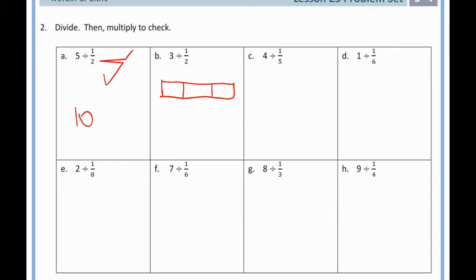And then we're going to divide it by a half. So number 2 is going to be how many halves are in 3 wholes? Well, just 1. That's how you answer it. Okay.